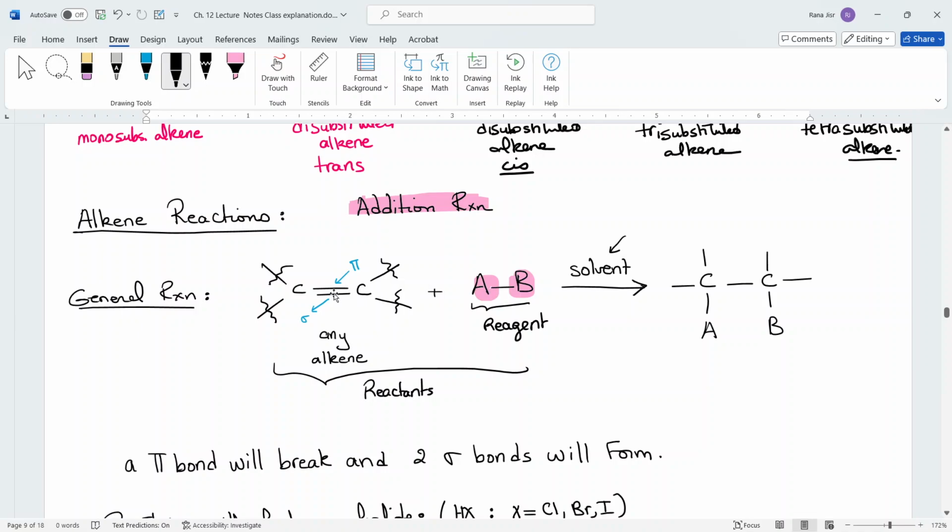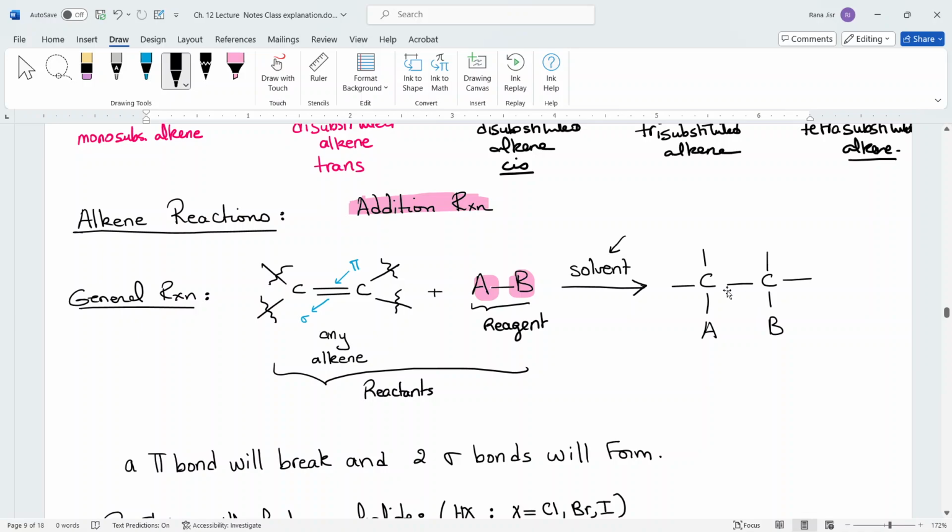With these types of reaction, the functional group is the alkene. This is the reactive part of the molecule. So the pi bond is going to break, and I am going to add one part of the reagent to one carbon of the alkene, and the other part of the reagent to the other carbon of the alkene.